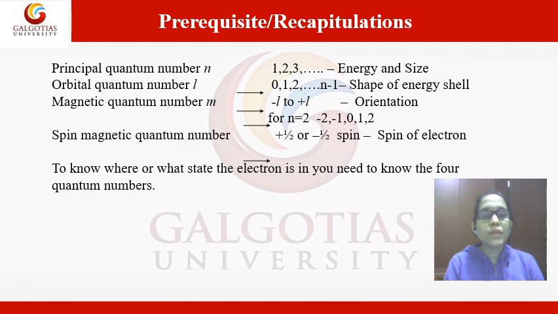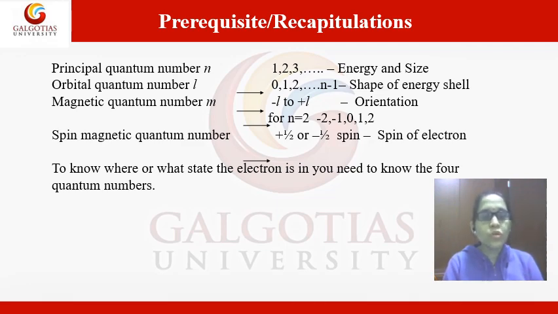Then the spin magnetic quantum number represents the spin of the electron. Some electrons have upward spin, given by spin plus half, and some electrons have downward spin, given by minus half spin. That means some electrons are rotating in the clockwise direction, given by plus half spin, and some are rotating in the anti-clockwise direction, given by minus half spin.